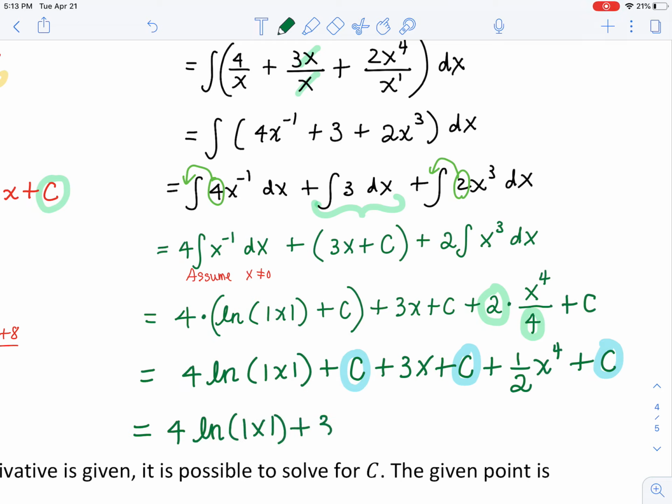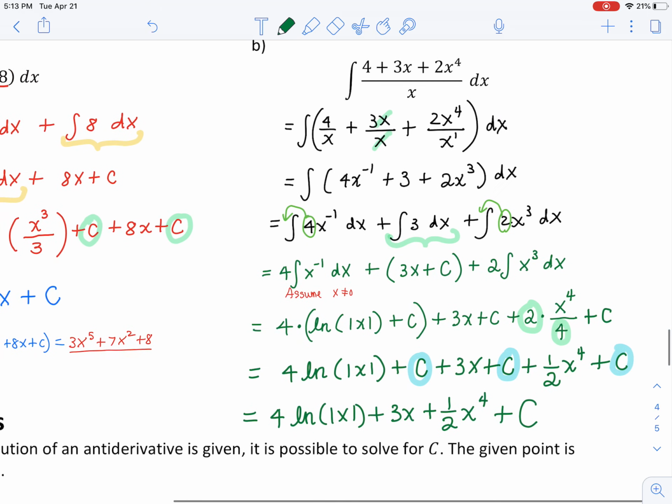Now, these constants, they just keep on following you everywhere. But now we can combine these c's as just a single plus c, but let's write our final answer then. Here's the final answer. 4 natural log of absolute value of x plus 3x plus 1/2 x to the 4th power plus some constant c.